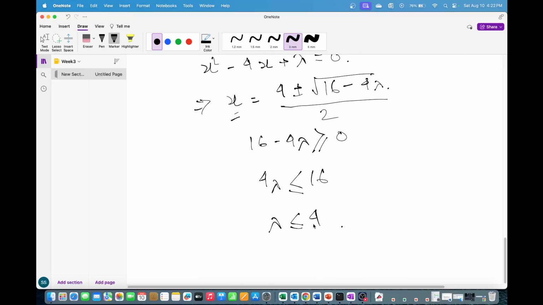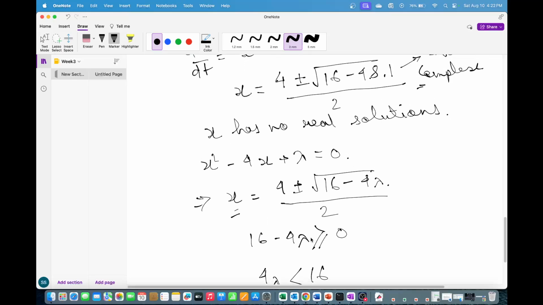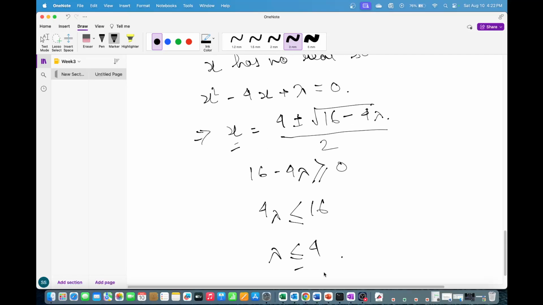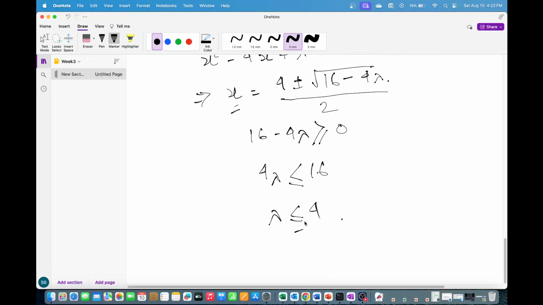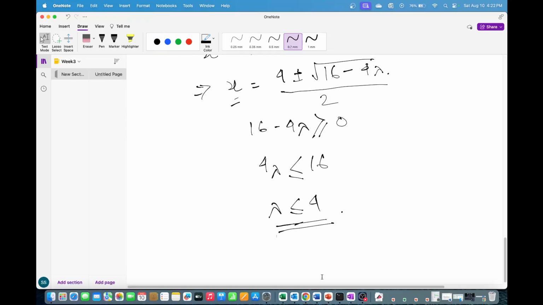So from here, any value after lambda equal to 4, be it 5, 6, 7, 8, for all those values, x will not have real solutions, it will have complex solutions. So beyond this point, there is no steady state for x. So now let's try to do the bifurcation plot.